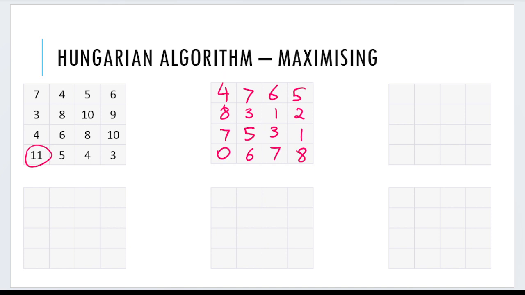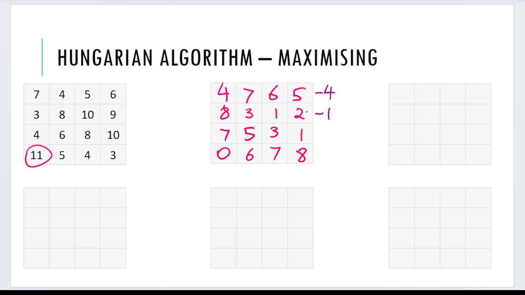Okay. Once we get to this step, we're actually just doing the exact same thing as we've done before in our Hungarian algorithm minimizing problems. We're basically minimizing this inverse set of numbers, which will give us our optimal maximizing values. So if we look in here, we find our minimum, which is 4. We're going to take that away from everything in that row.